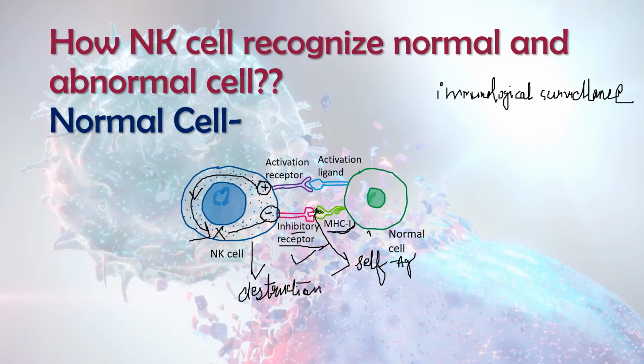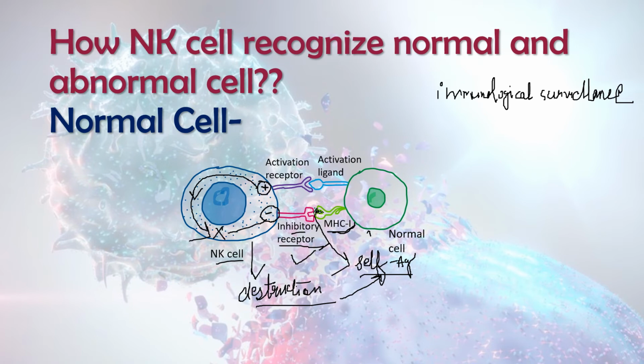As the MHC1 molecule displays self antigen or self proteins, the inhibitory response outweighs the activation. Consequently, no activation of NK cells takes place, which means there is no destruction of the normal cell.